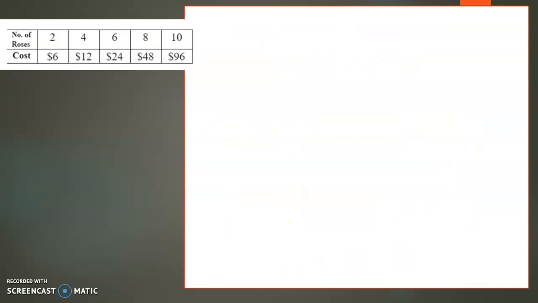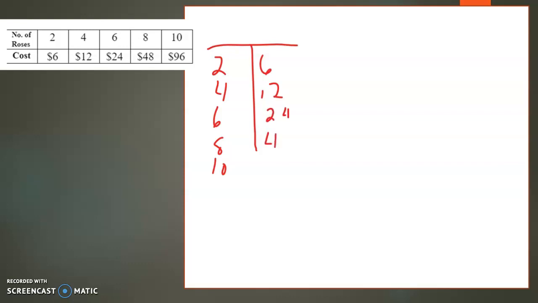Sometimes you're going to have tables that are horizontal. You know that the best way is to put them vertical. So you go 2, 4, 6, 8, 10, and 6, 12, 24, 48, 96.